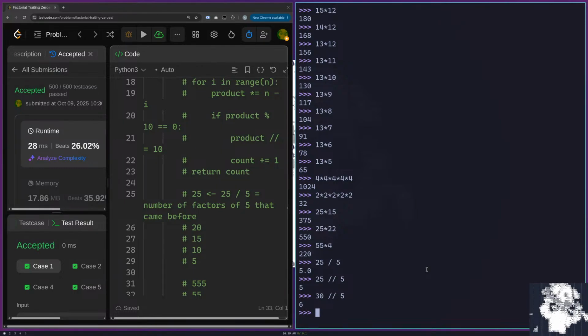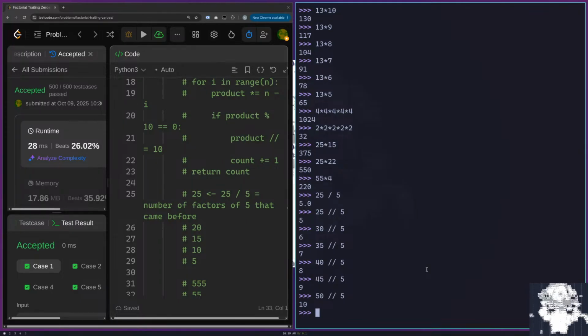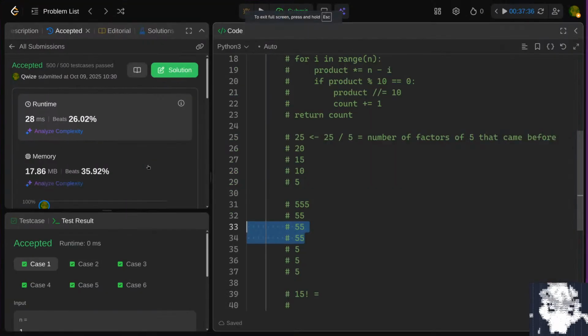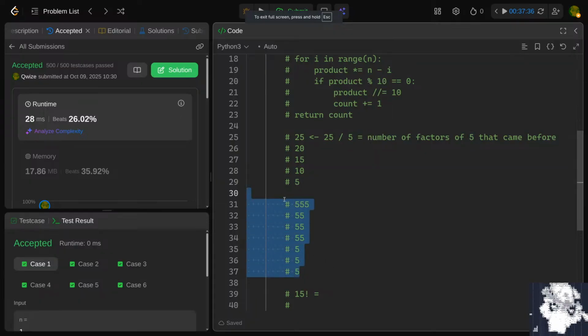So when is something going to count twice? Whenever this becomes a factor of 5. So every multiple of 25 will count twice. So I don't know if it really looks like a pyramid like this.